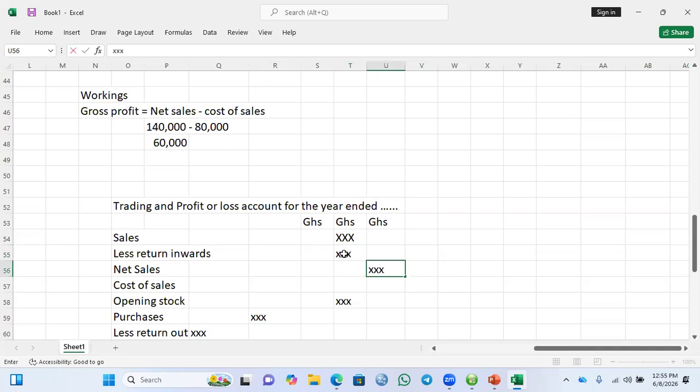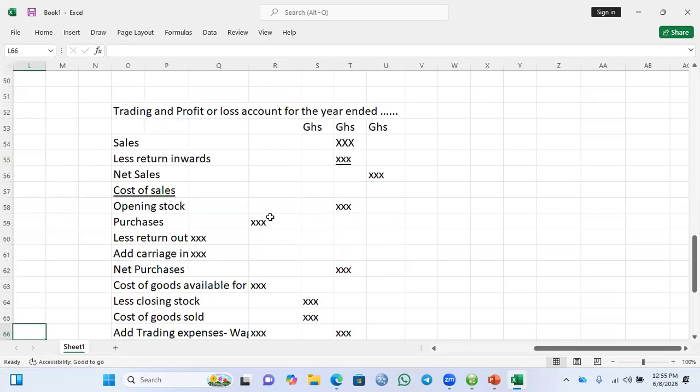Then I'll continue with the cost of sales, beginning with opening stock, as you can see, right? Then purchases will come in, less returns outwards, add carriage inwards. You see it.